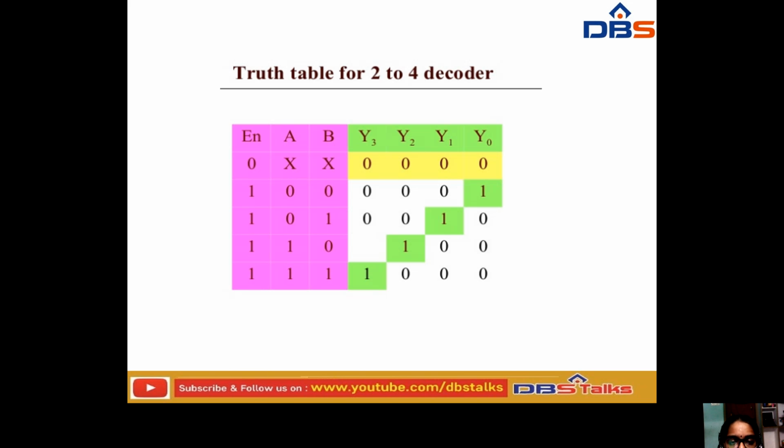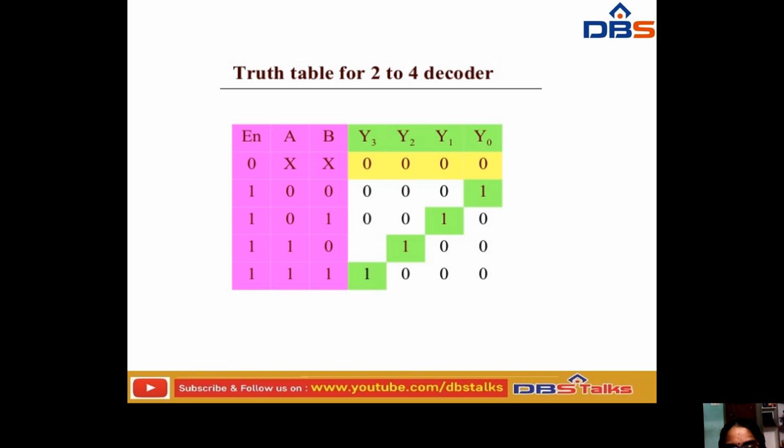Why have we taken this? Because here the enable bit is 0, since we do not provide any input value here, so automatically the enable bit will become 0. If you have taken any input, the enable bit will automatically become 1.